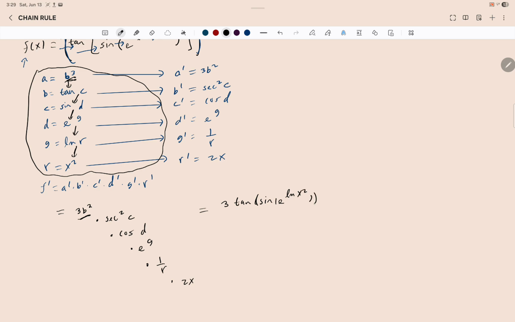So I get this, and I want you guys to be careful because notice that we have a square, and the square is on top of the tan, so we could just put it here.